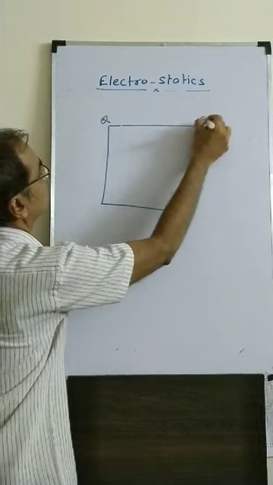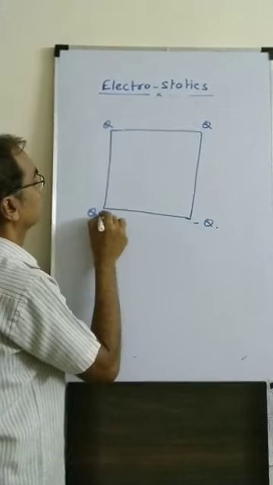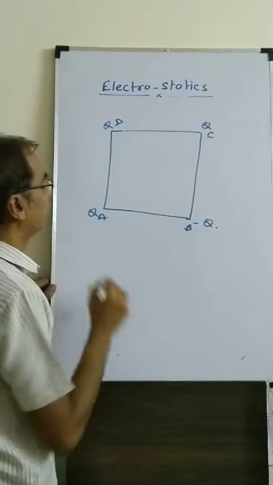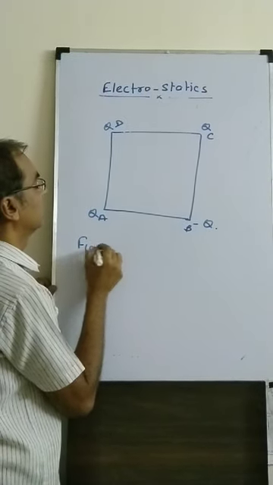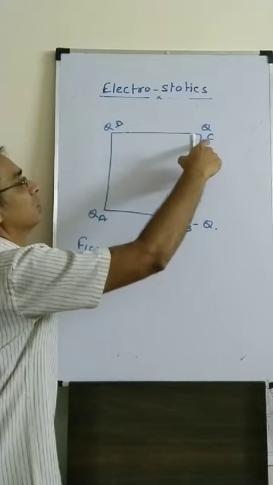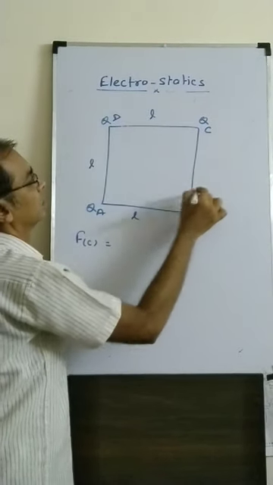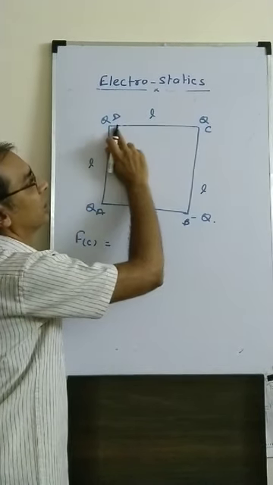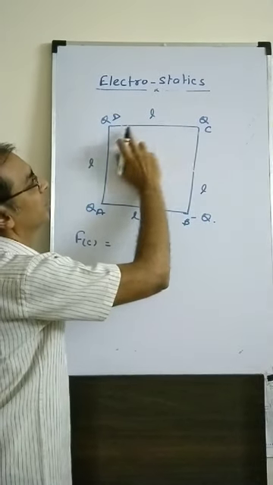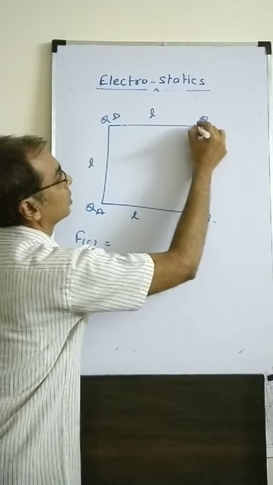This is Q, this is Q, this is Q, and this is minus Q. A, B, C, and D. Now I want to find the net force on the charge at C. If we take this as L, because of this charge, on the charge at C, what kind of force is there between them? Repulsive. On C, which direction will the force be? Like this.